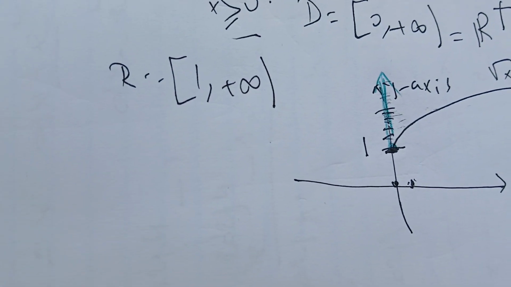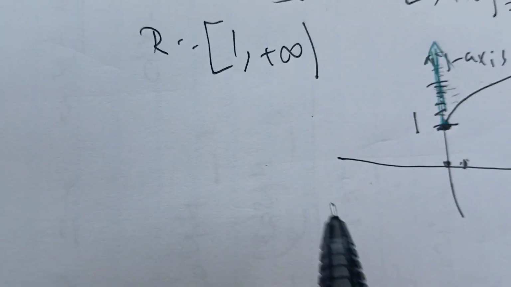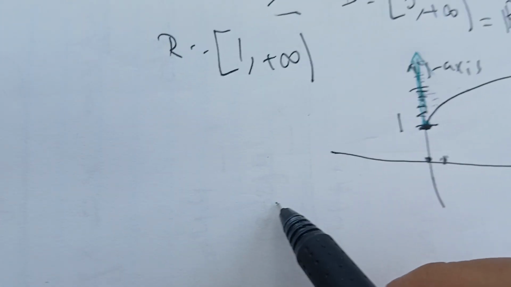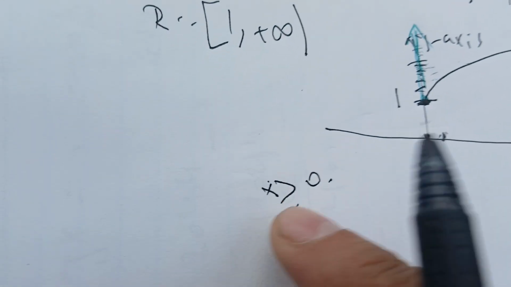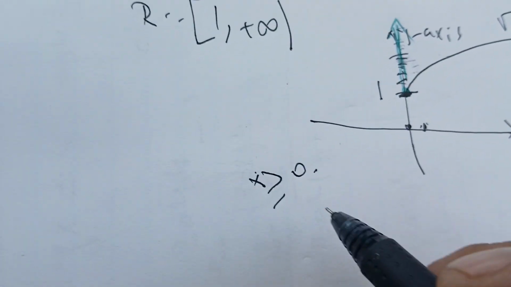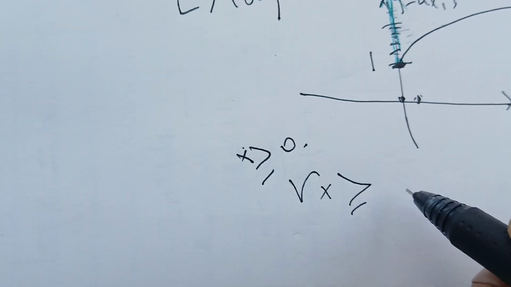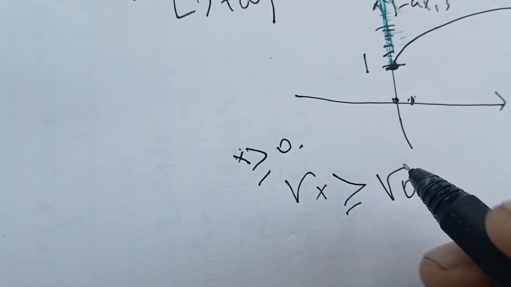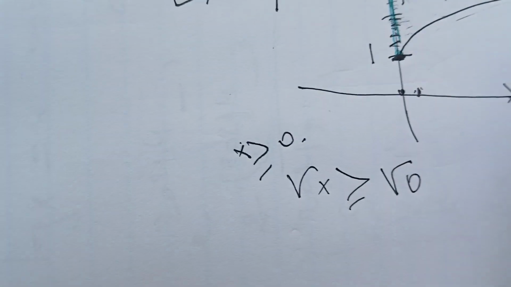If we want to do it algebraically, we know that x is greater than or equal to 0 because that's the domain of the function. So we take the square root of both sides, and we get the square root of x is at least the square root of 0. Why? Because the square root is an increasing function.